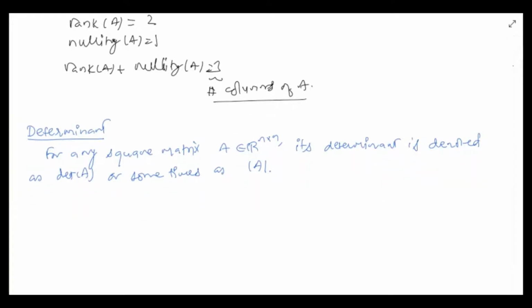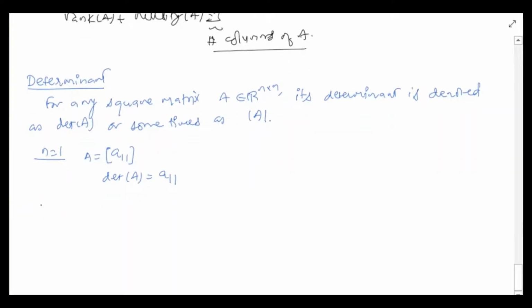Let's see how determinants are defined. When n is 1, that is, we are looking at 1 by 1 matrices, so that A is of the form A11, then the determinant of A is just that number, the element A11. When n is 2, that is, now we are focusing on 2 by 2 matrices, let's say A is A11, A12, A21, A22.